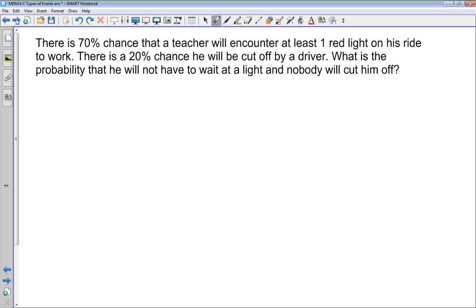First thing we have to ask ourselves, are these two things dependent or independent events? Is the chance that he's going to be cut off by a driver somehow influenced by whether or not he's going to run into a red light? What do we think? Independent or dependent? These are independent events. So let's define what our two events are.